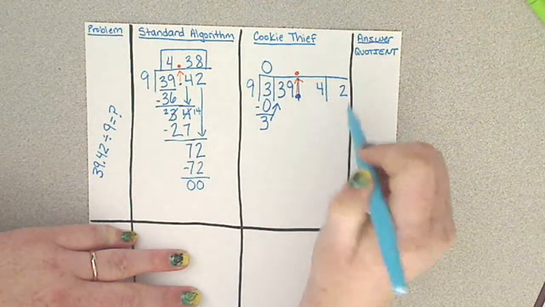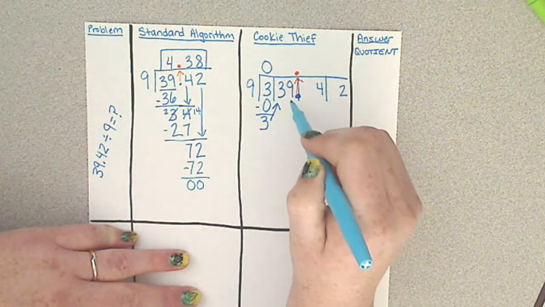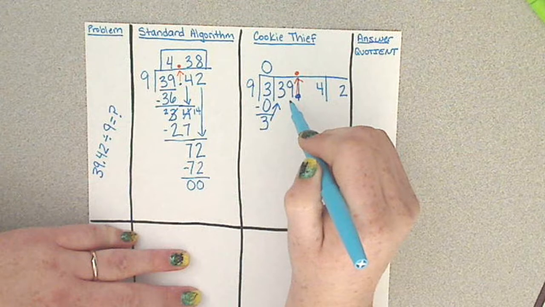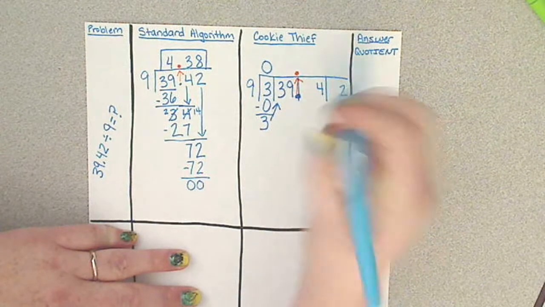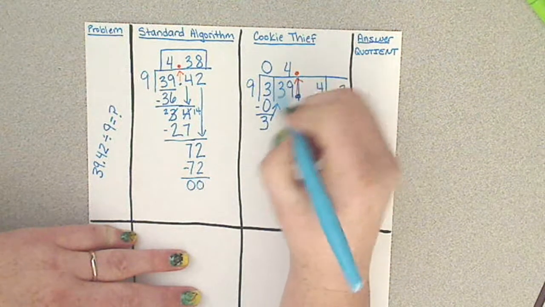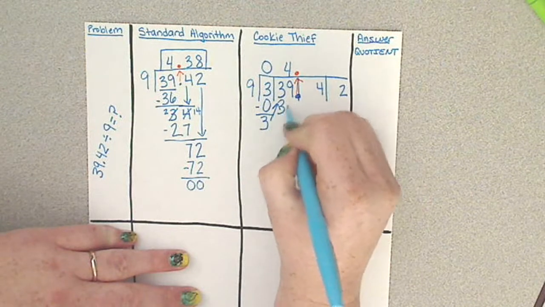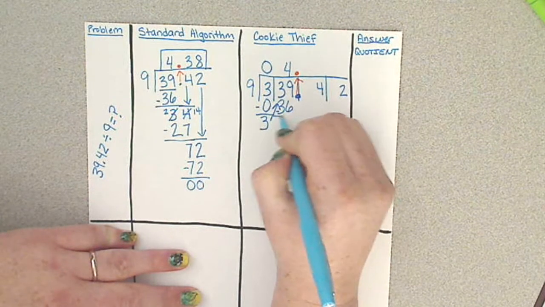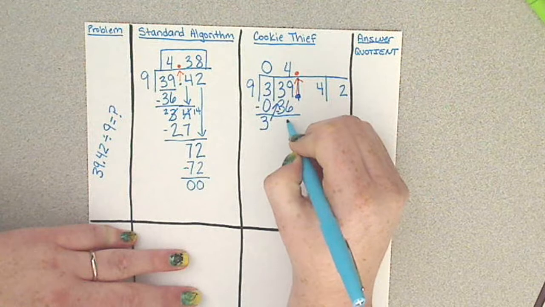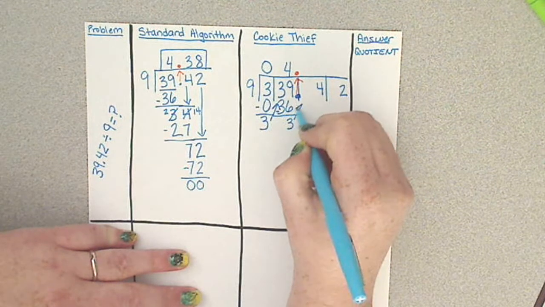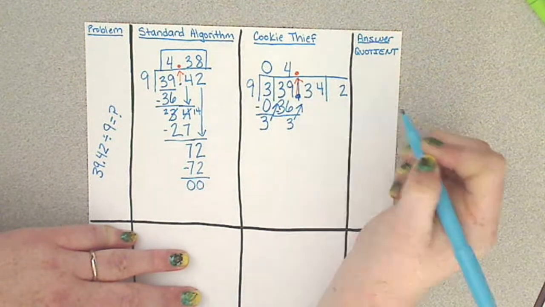So he circles the building until he comes to the window for the second apartment. And this time he's happy. He can steal 4 sets of cookies, which means he takes 36 cookies out of the second apartment, and that leaves 3 cookies that he could not steal to run away next door.